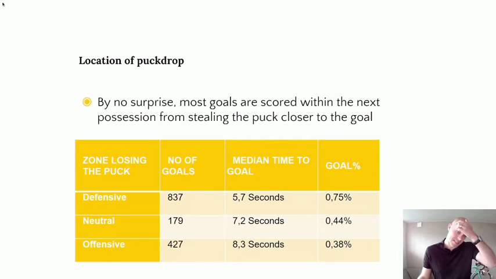The time is not that big a difference actually, and that of course makes sense, because when you lose it in the offensive zone, you can get a cycle play against or something like that. No surprises really, but the defensive zone has the highest.